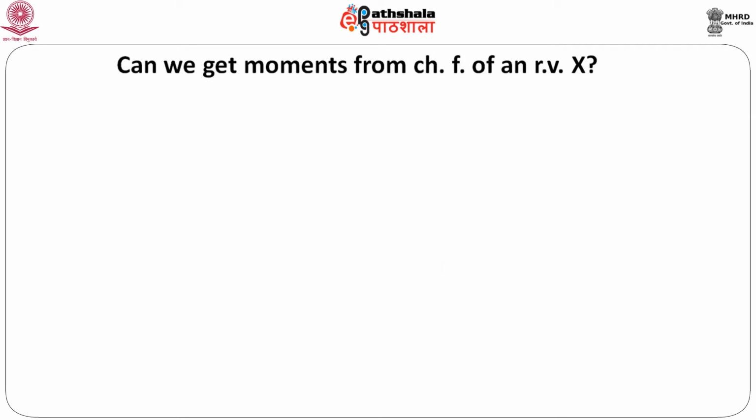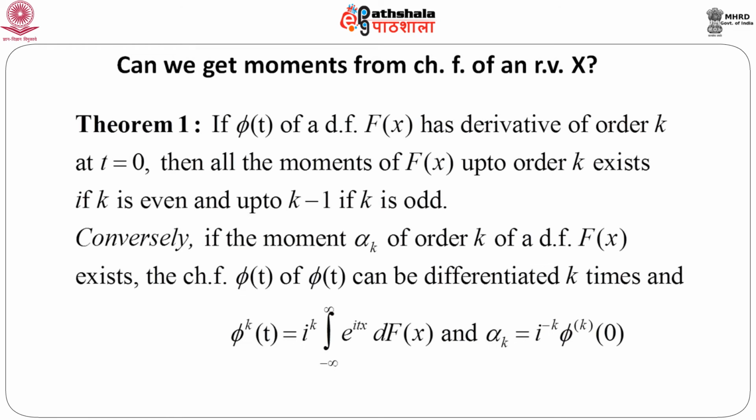Now, the question is: is it possible to get moments from the characteristic function of a random variable, provided the moments exist? There is a very famous theorem that if phi(t) is the characteristic function of a distribution function F and has a derivative of order k at t equals 0, then all moments of F up to order k exist if k is even, and up to k minus 1 if k is odd.